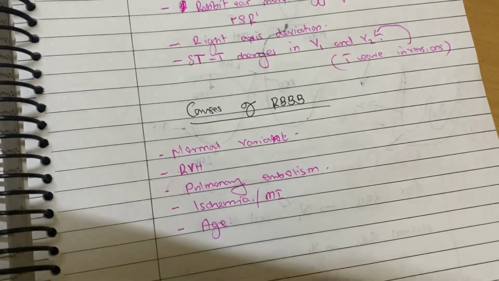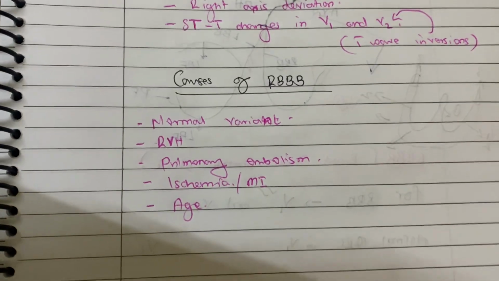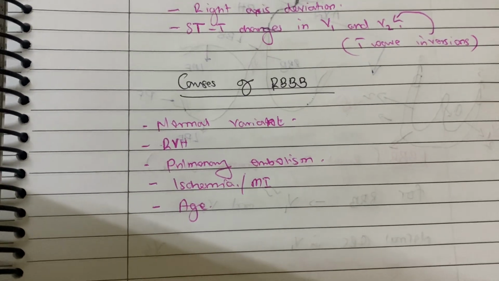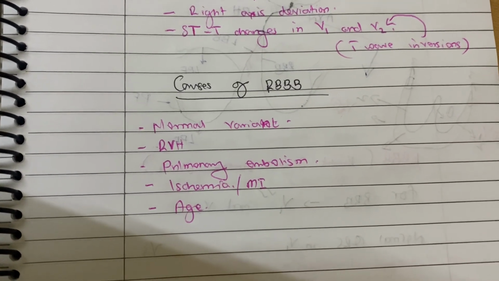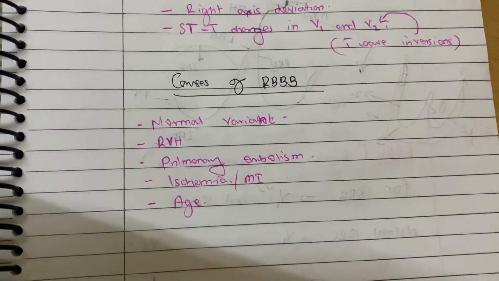Age, sclerosis. It comes with time. Yeah, so this is right bundle branch block. Next time I will show you an ECG with right bundle branch block.